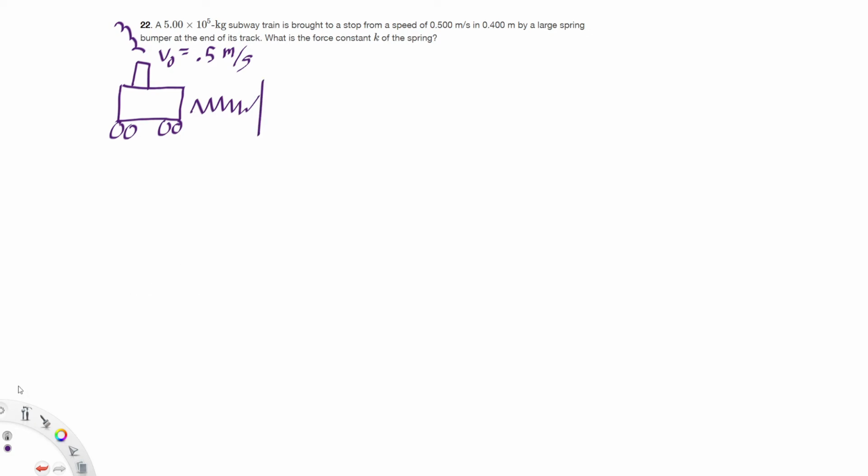So we have a spring in front of this train, and we'll call this situation A. And then in situation B, we have the same train, which now has a squished spring and no velocity.